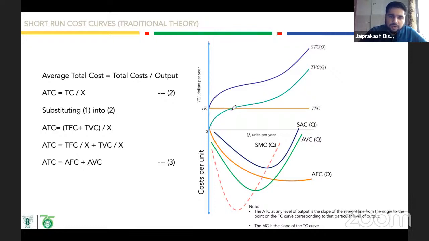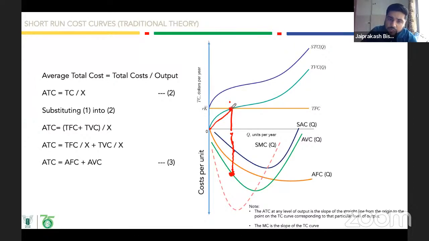If I have to calculate the variable cost at this particular point, what I will do, I will draw one line connecting this point from origin and one perpendicular from that particular point on the x-axis, and calculate the slope. It will give me the average variable cost. Yeah, this point corresponds to this average variable cost.